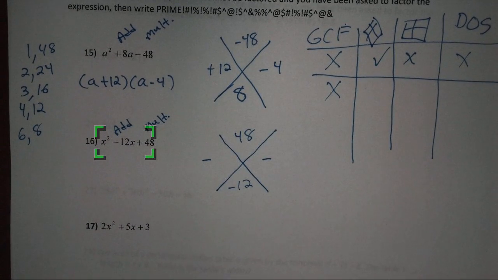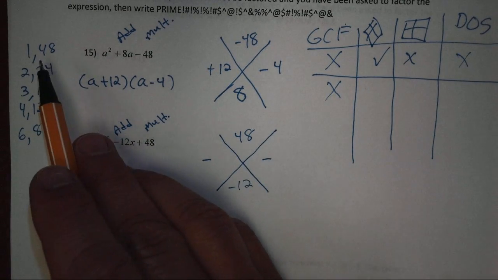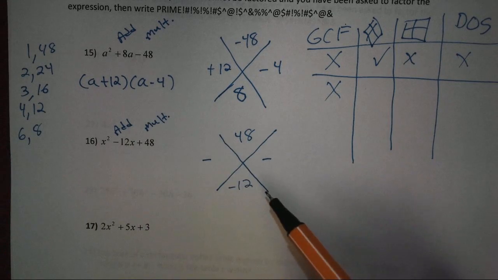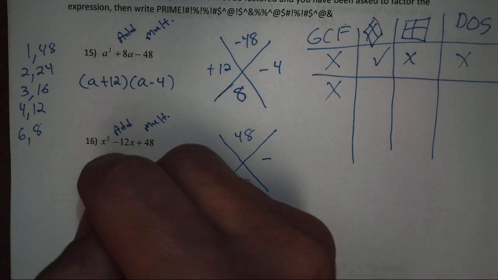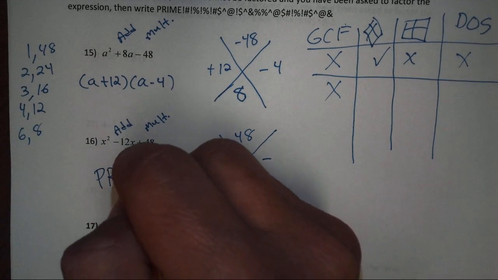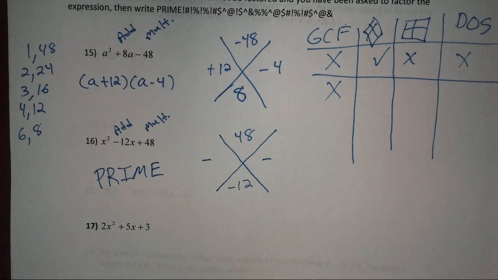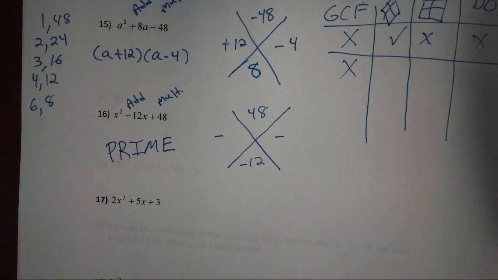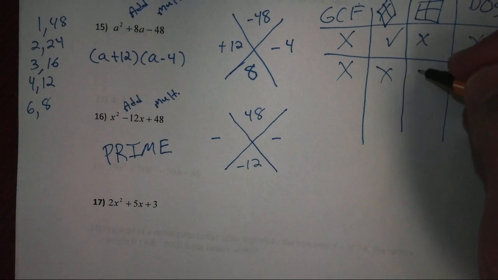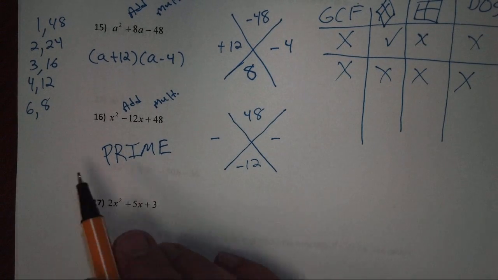Well, 6 and 8, when we add them, gives me a 14. And then after that, there's nothing else that goes into 48 other than these numbers. And since none of these numbers add to give me a 12, we can't factor. And when you can't factor, we write prime. So this one you can't factor. I'll put X's here though, because none of this works.